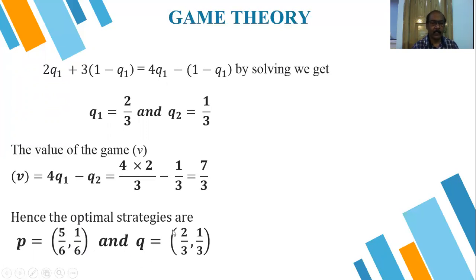For the player B, selecting the course of action B1 has probability 2 by 3. At the same time, when the player B selects the course of action B2, that probability is 1 by 3.